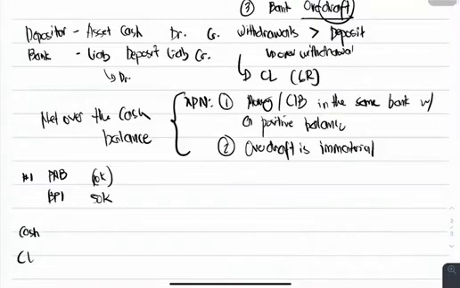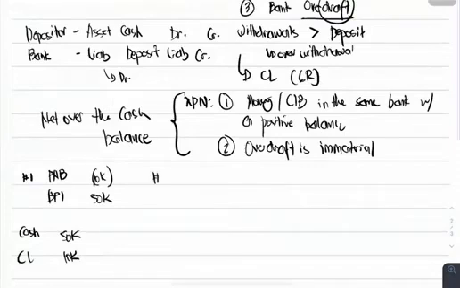Next question, is there a money or a cash in bank in the same bank, which is PNB, with a positive balance? None. Is the overdraft immaterial? None. Therefore, the 10,000 in the PNB is a current liability. How about the BPI? Since it has a positive balance, you place it as part of your cash.